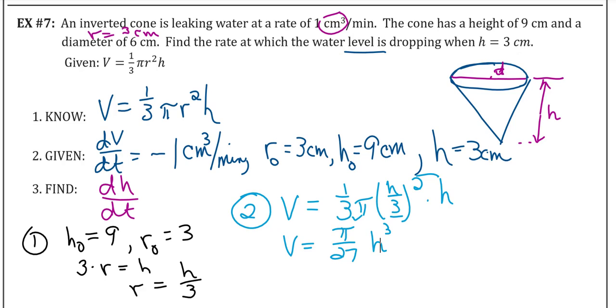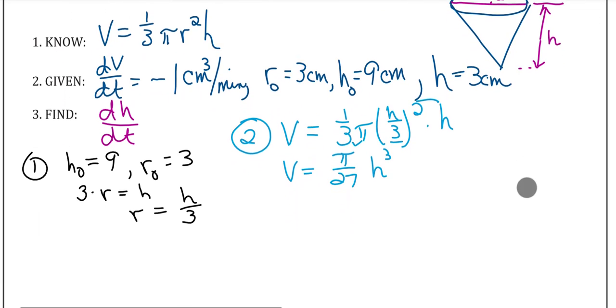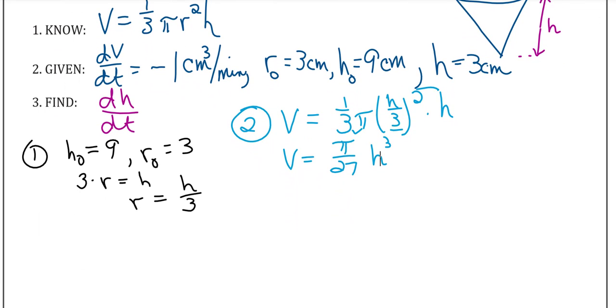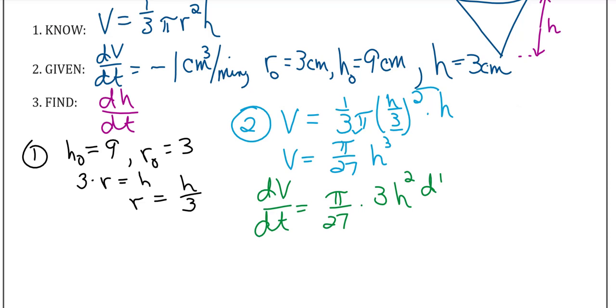So now we're ready to take the derivative, because now we have all the information we're going to need to find the rate of change of h. Okay, so dV dt is going to equal my pi over 27 times, using my chain rule, 3h squared dh dt. And now I can fill in all the information.